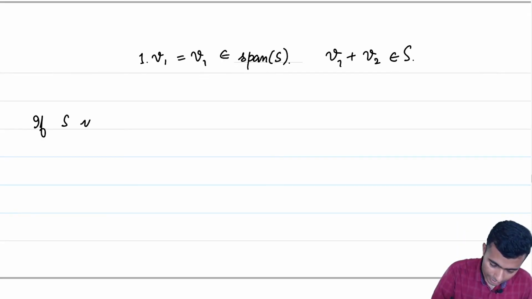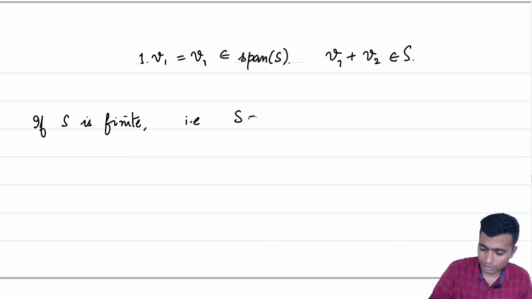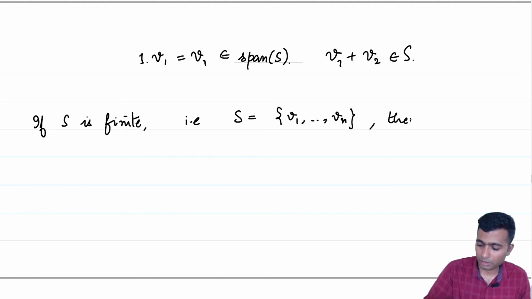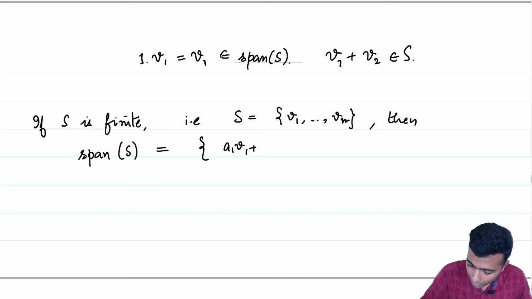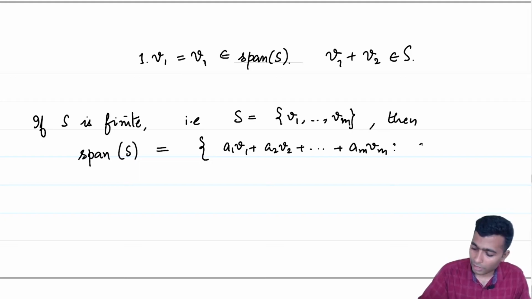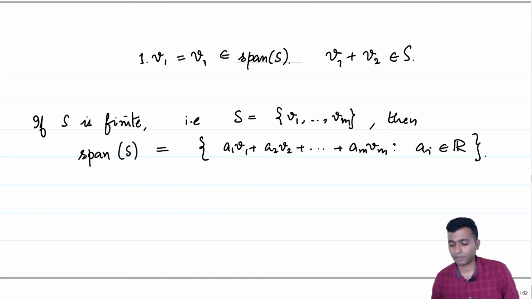If S is finite, i.e. S is equal to say {V1, ..., Vm}, then span of S, which is already defined, is equal to the set of all A1 V1 plus A2 V2 plus up to Am Vm, where the Ai's are any set of scalars.